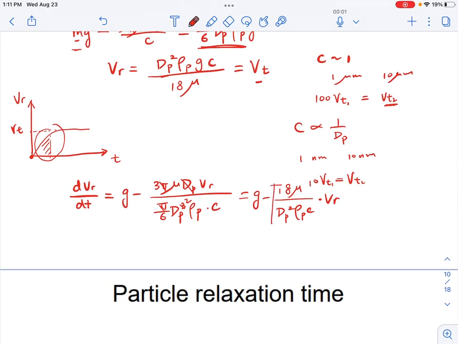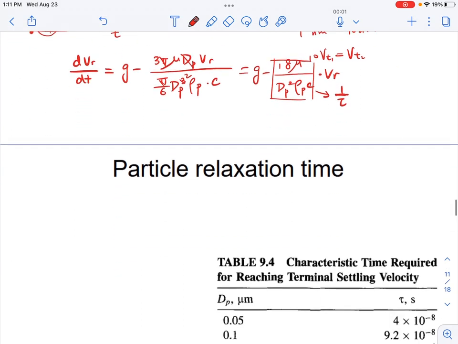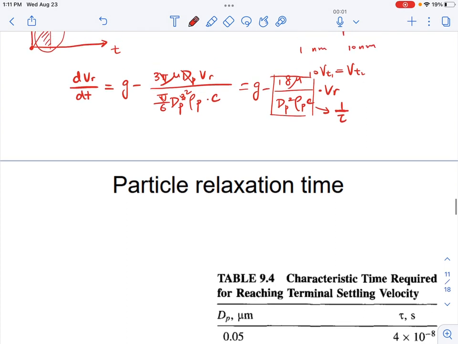Okay, so further we can assume this term to be 1 over tau. So you can further find out why we define this term to be something related to time, okay? So you're going to have dVr/dt equals g minus Vr divided by tau.